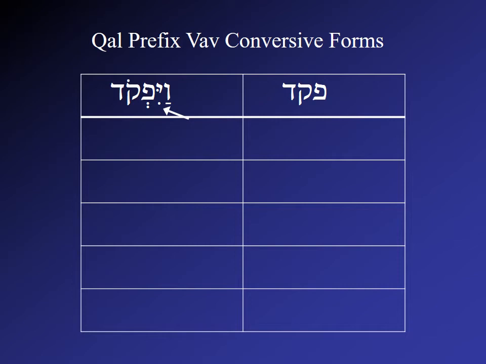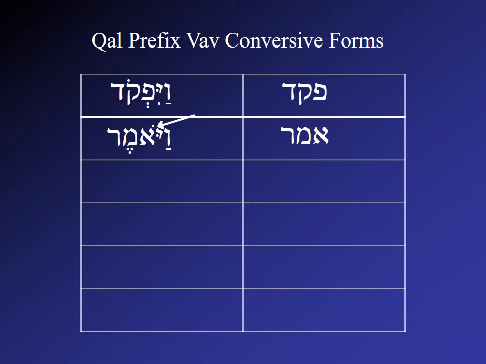So pakad, vayifkod. Now, in addition to strong roots, we've also learned first aleph roots. So prefix vav conversive in the kal for first aleph: vayomer, the O class vowel marking the aleph, although the aleph doesn't drop out, so it's fairly clear what the root is.